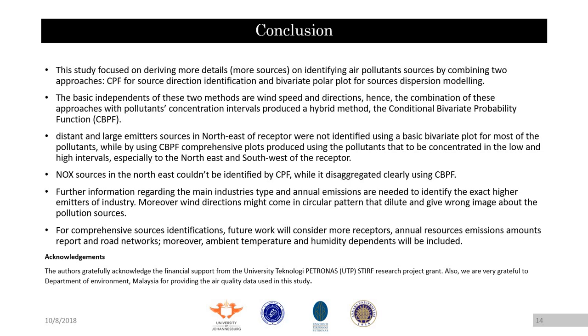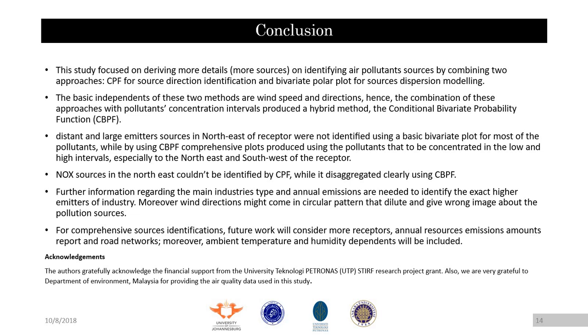Further information regarding the main industry types and annual emission from every industry is needed to identify the exact higher emitters among those industries. Moreover, wind directions might come in a circular pattern, not always in one direction, which dilutes and gives a wrong image about the pollution sources.